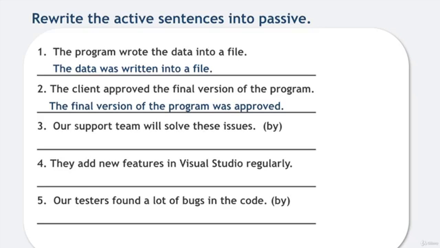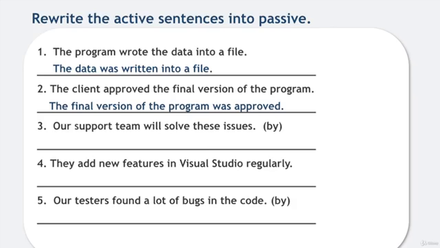Number 3. In this sentence, you have to use the doer of the action. You have to mention who does the action or who will do the action.